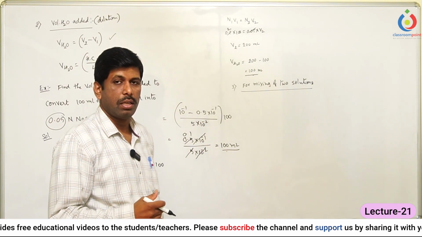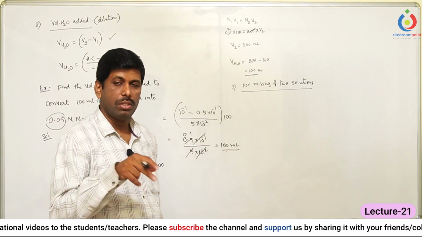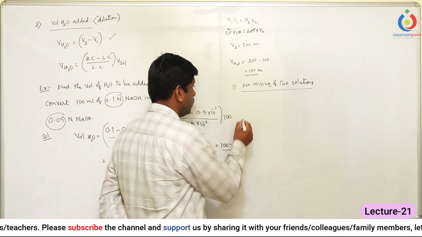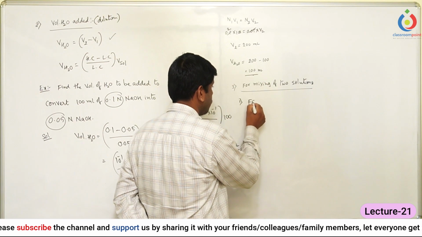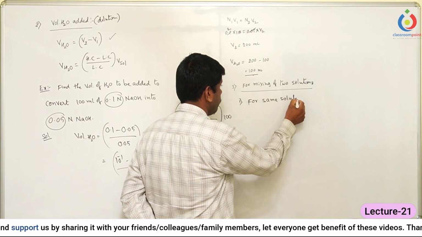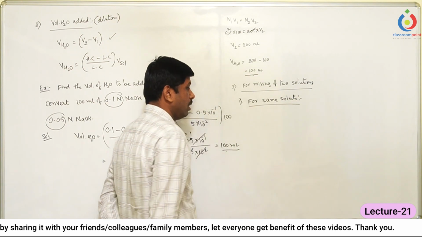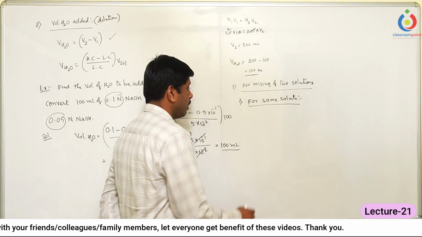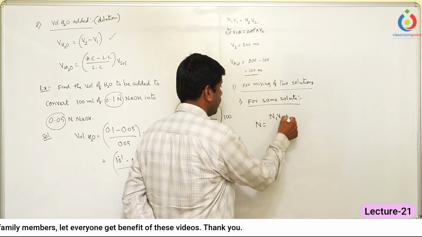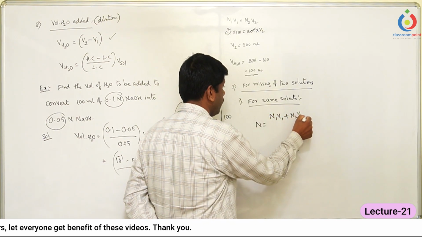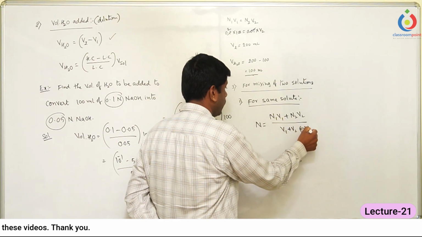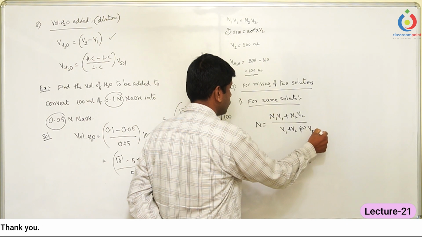Here two cases are there: both solutions have the same solute, or different solutes. For the same solute, let us see the first concept. If both solutions we are going to mix carry the same solute, then normality equals N1 V1 plus N2 V2, divided by V1 plus V2, or the final volume of the solution.